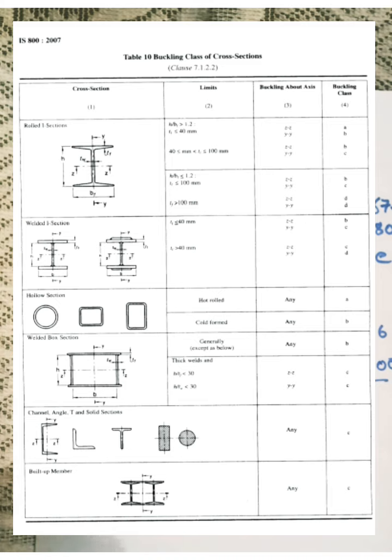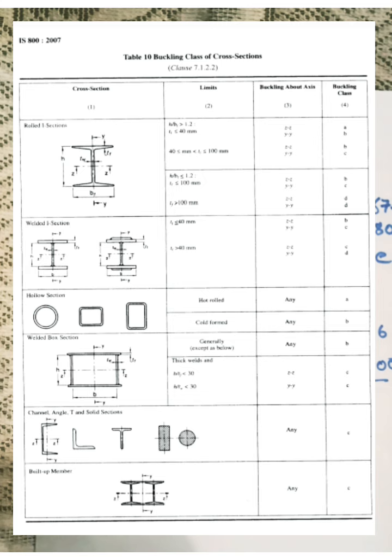And here for welded built up sections we can select accordingly. Similarly here you can see hollow sections, welded box sections, and angles and channels. When we are designing an angle about any axis, for x-axis as well as y-y, whether it is a single angle or double angle, you have to select the buckling class as C. That means the imperfection factor, the value of alpha for C, is 0.49.